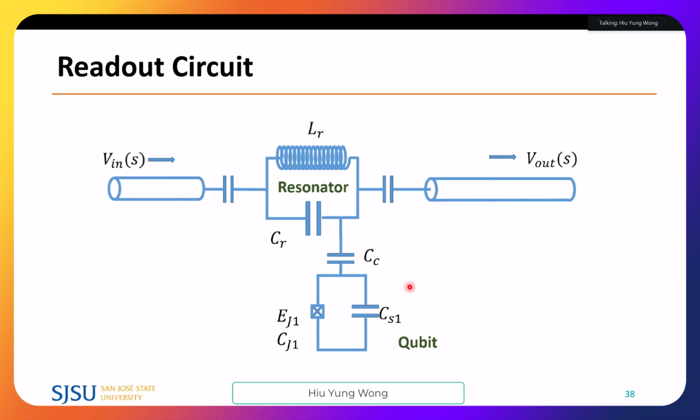Now it turns out that if you couple this resonator to the qubit, the resonance frequency will depend on the state of the qubit. If the qubit is 1, then the resonance frequency will be lower. If the qubit is 0, the resonance frequency will be higher. Because of this, I will just shoot a pulse to see how the phase is changed.